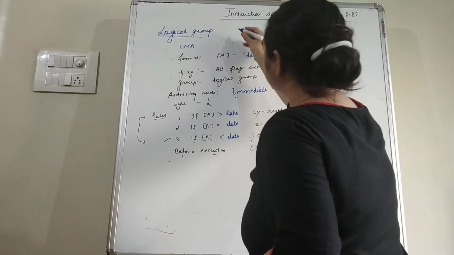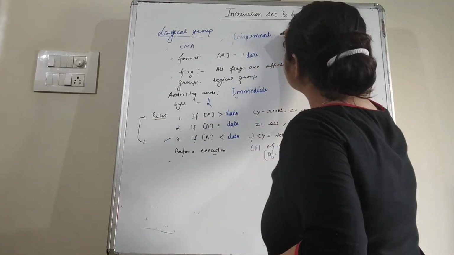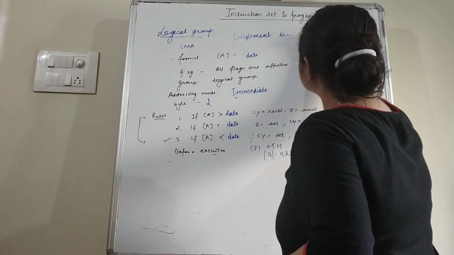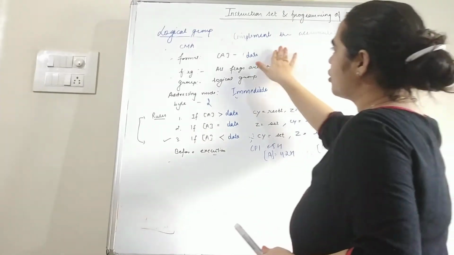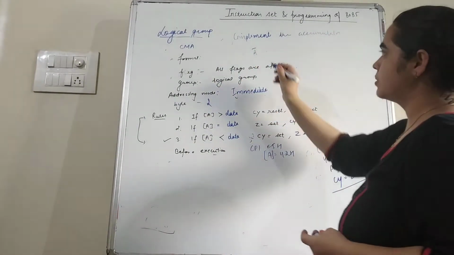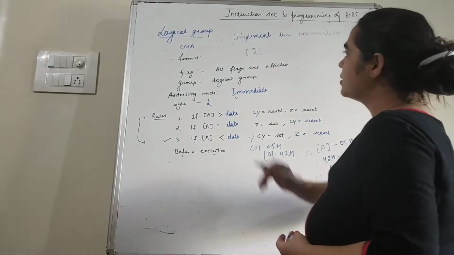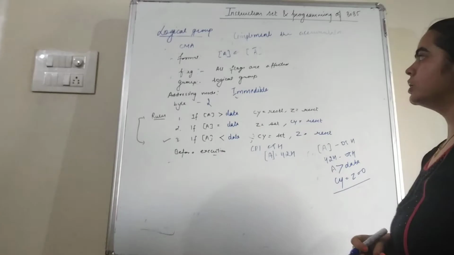Complement the accumulator means we find the ones complement of the data present in the accumulator. The format of this instruction uses this complement symbol. We find the complement of the accumulator, and the result is stored back into the accumulator.